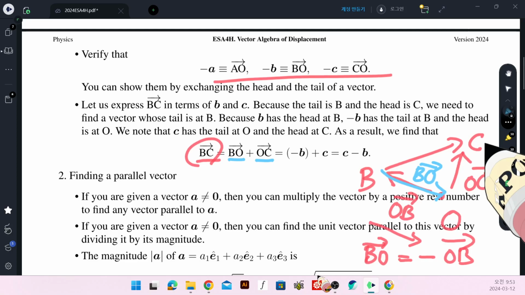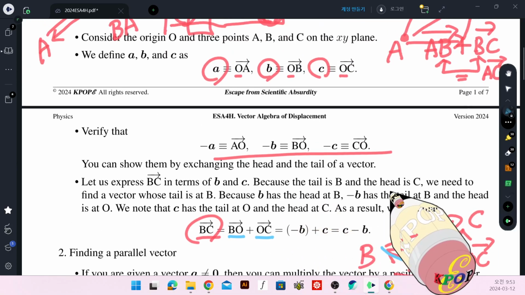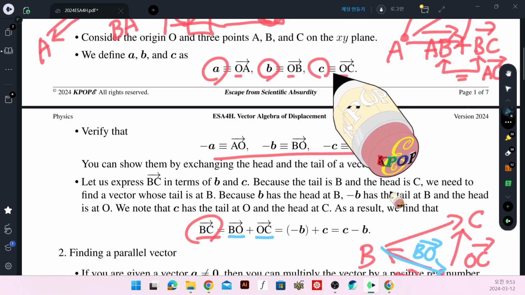We can make use of the previous notation definition for small a, small b, and small c.